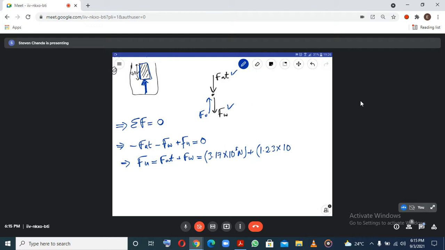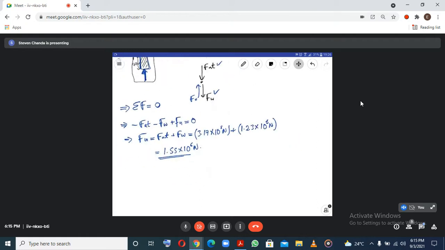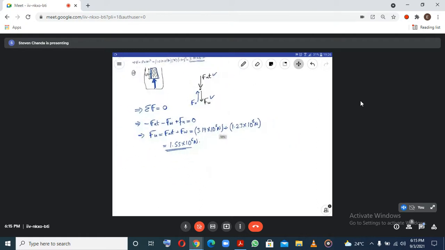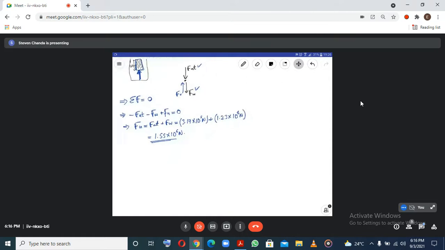So when we add that, we are going to get 1.55 times 10 to power 6 newtons, isn't it? So that's the upward force. This is the force that was actually balancing the atmospheric force as well as the weight of the water column.